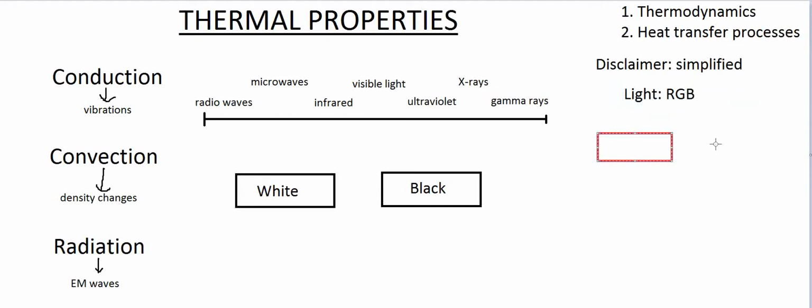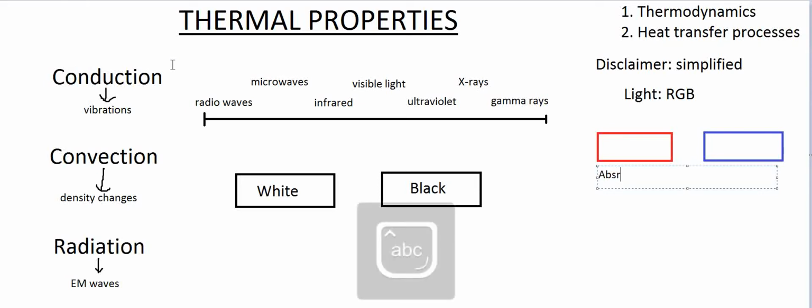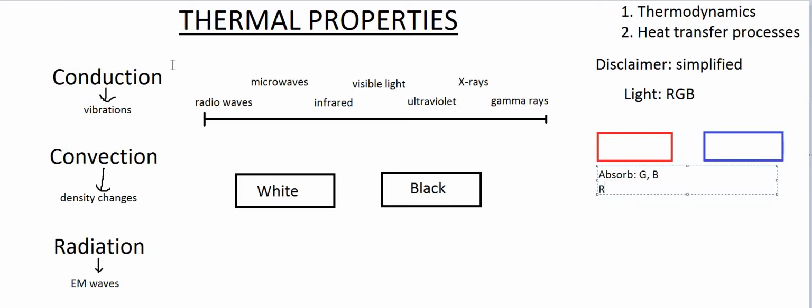What it means is that, let's say you have a red surface and a blue surface. Red surfaces absorb green and blue light and reflect red light.